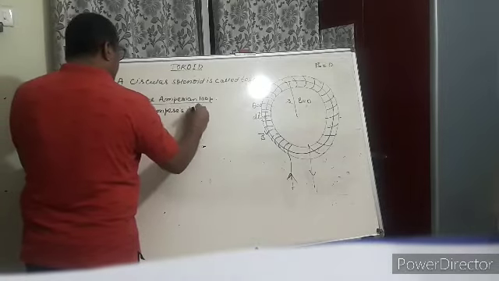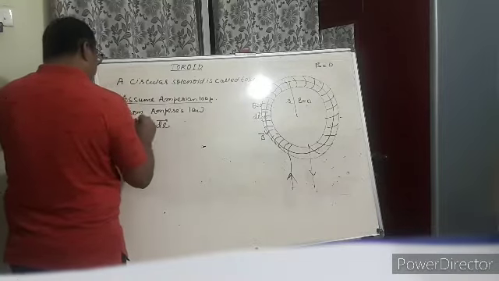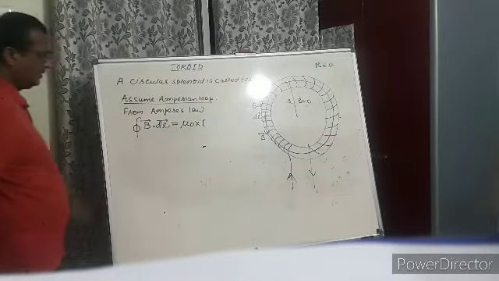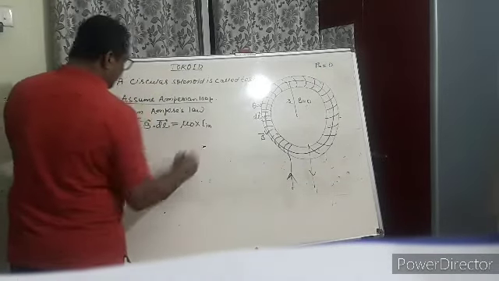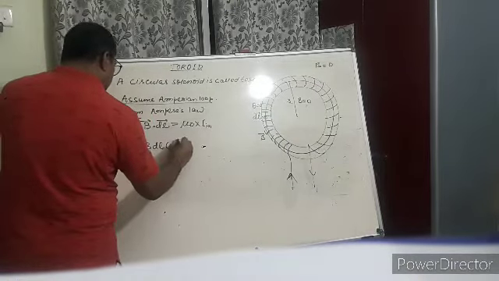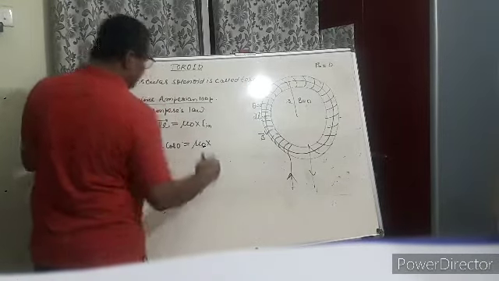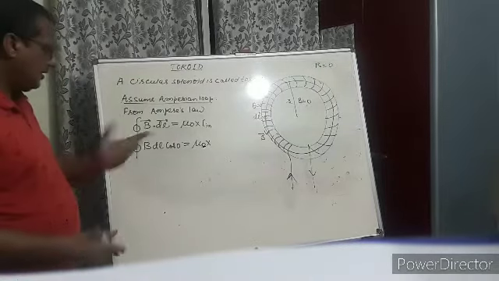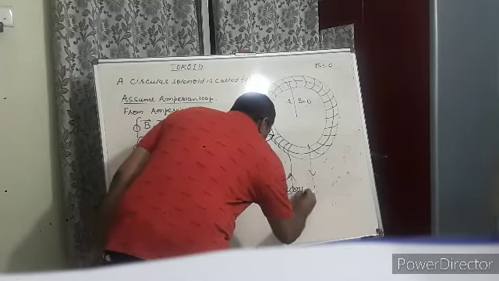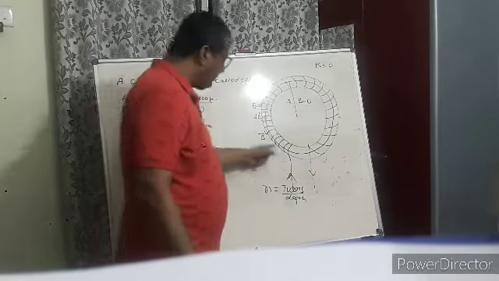From Ampere's law, the closed loop integral of B dot dl is equal to mu naught into I enclosed. B dl cos 0, integration over the closed loop, equals mu naught into I. Again we suppose n equals the number of turns per unit length, but here the length will be 2 pi r.